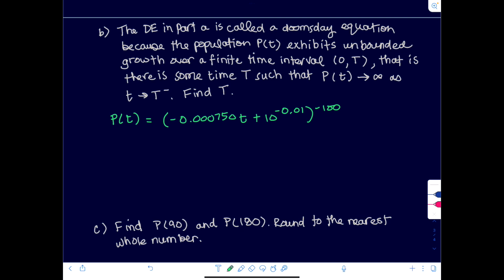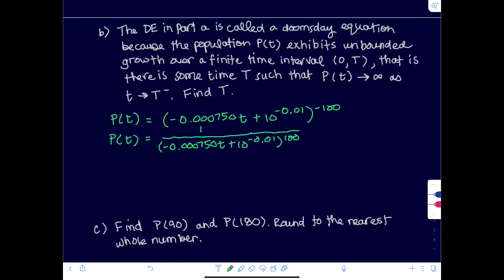Now, if you think about it, if I rewrote this with a positive integer, P at T equal to 1 over negative 0.000750t plus 10 to the negative 0.01, all of that would be raised to the positive 100.